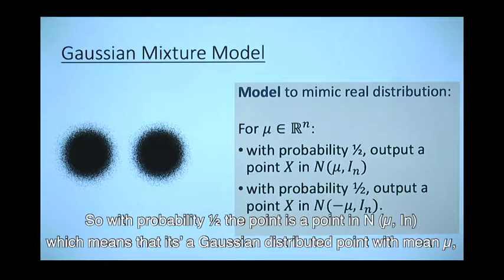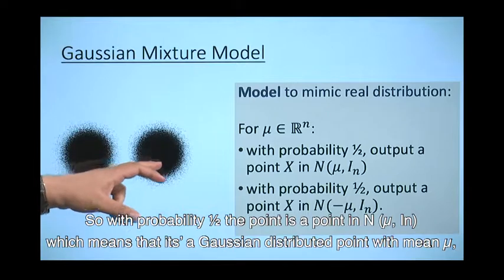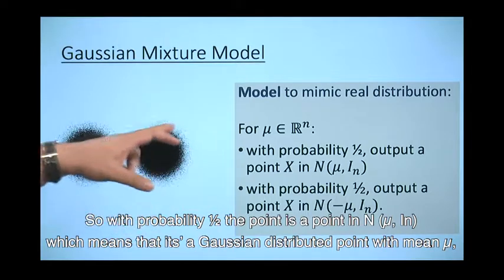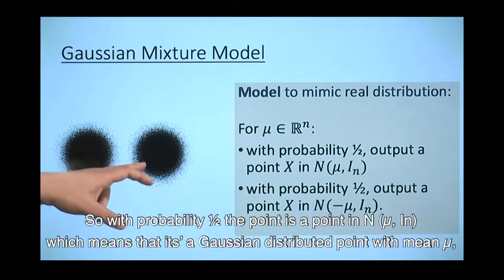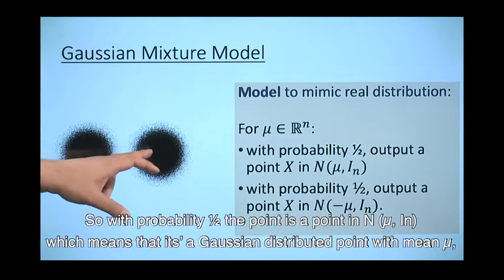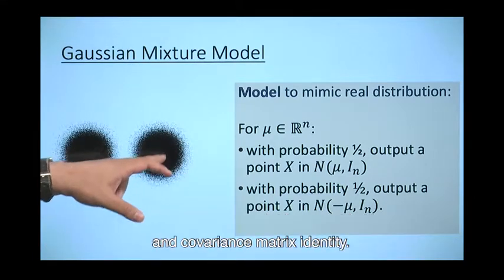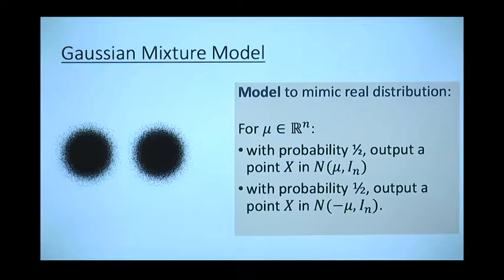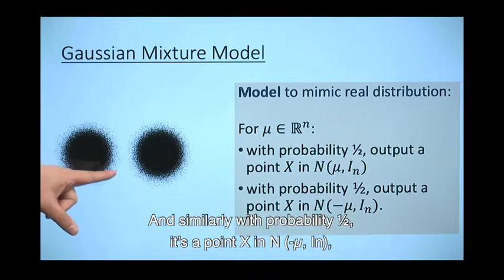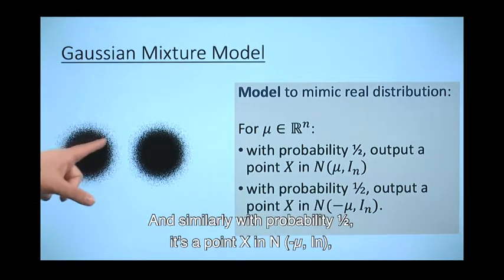With probability half, the point is drawn from N(mu, I_n), which means it is a Gaussian distributed point with mean mu and covariance matrix identity. And similarly, with probability half, it is a point x from N(minus mu, I_n).